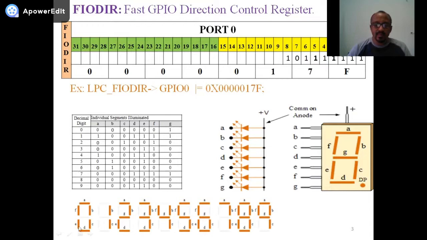So to display 0, we have to pass the values to A, B, C, D, E, F 0 and to G 1, so that it stays off and the others glow. That displays the character 0.